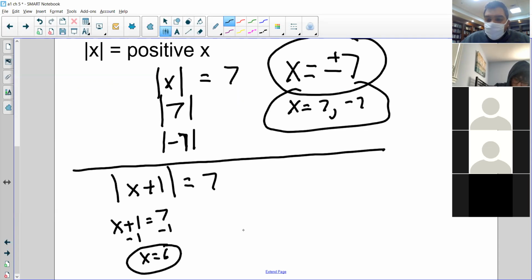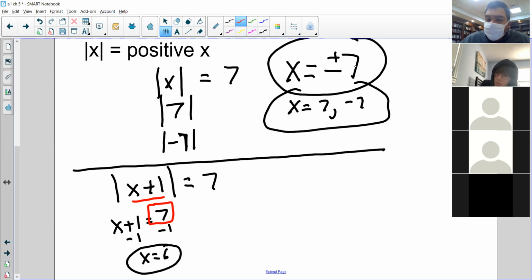The second one, we just said it has to equal 7 over here, because you want the inside to equal positive 7.